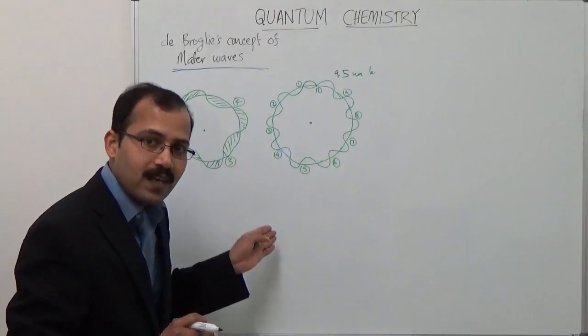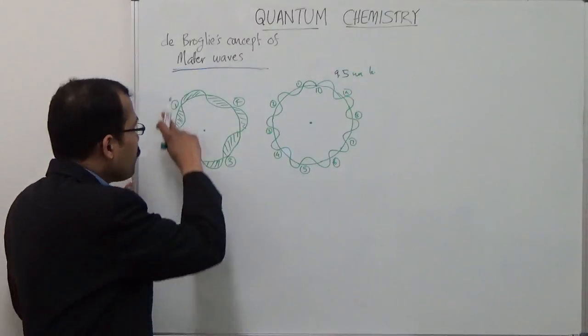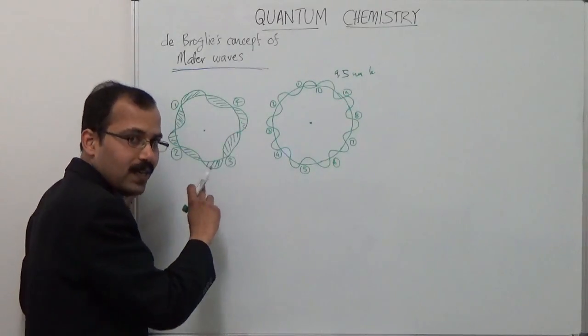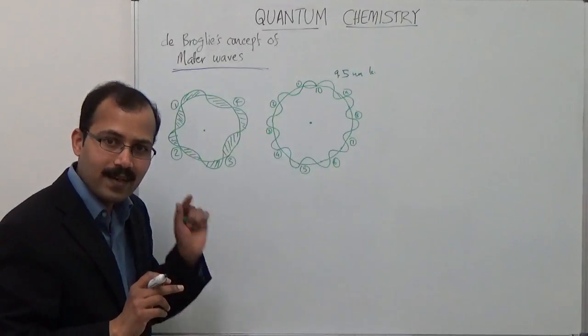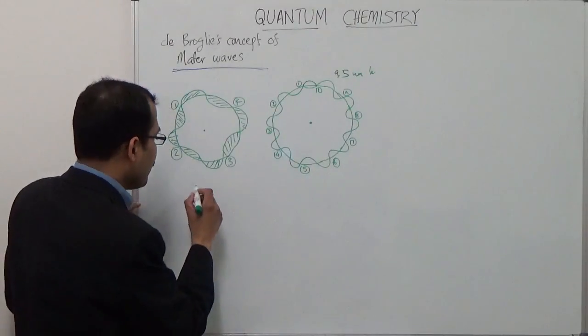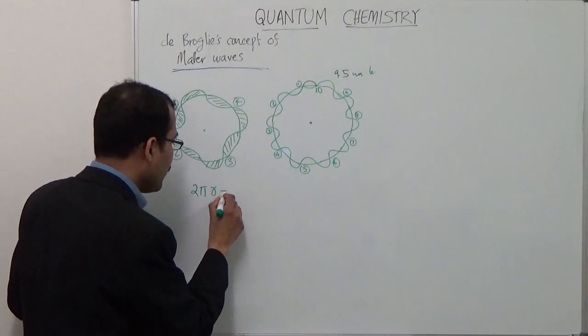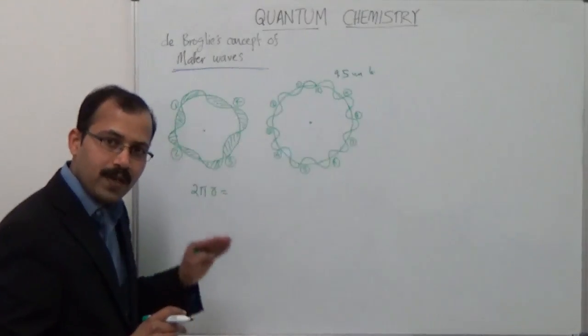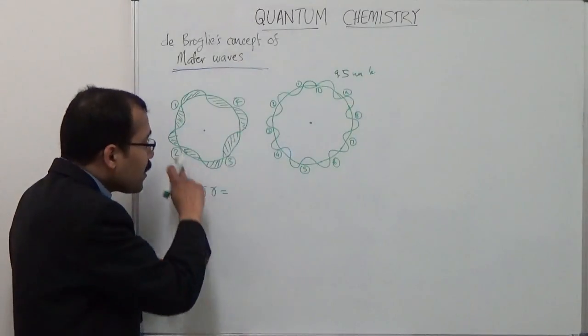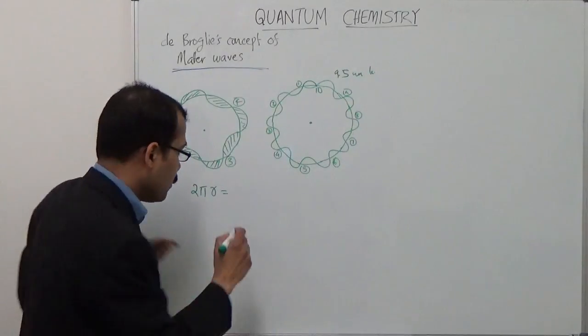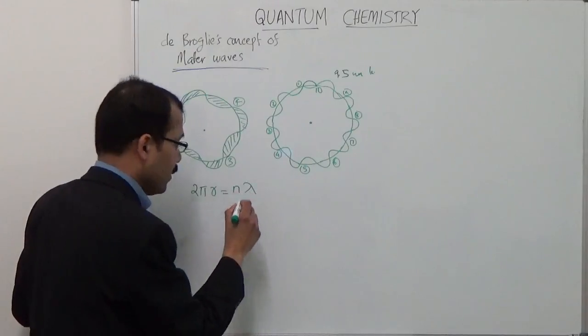So what do we understand from this? In order to fit the waves inside the Bohr orbit, the condition is that the circumference of this circle, or 2 pi r, should be equal to an integral multiple of the wavelength, or n lambda.